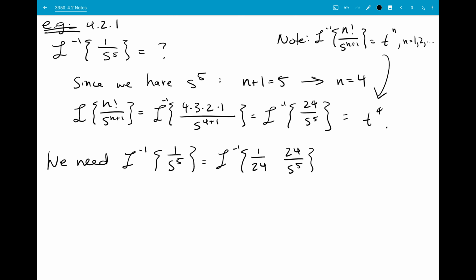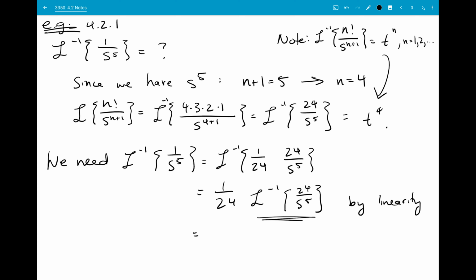And so this is where linearity comes in. We would say, okay, that's 1 over 24 L inverse of 24 over s to the fifth by linearity. And then we can just plug in L inverse of 24 over s to the fifth, which we just found.